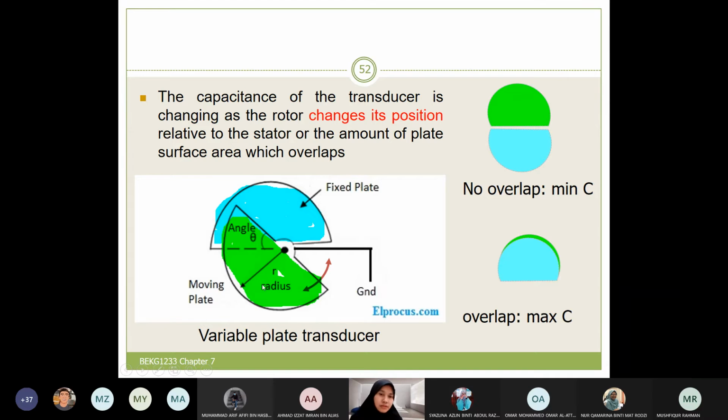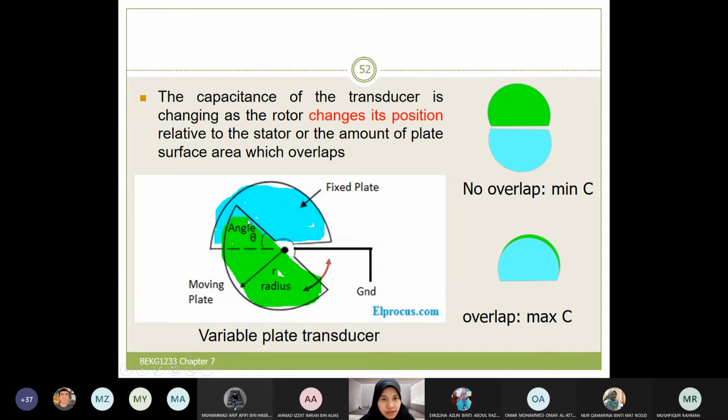When the moving plate or rotor rotates or moves position, it will have an angle. This moving plate can move to the right and to the left.